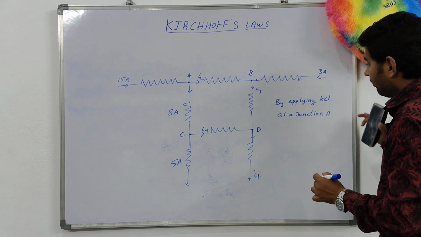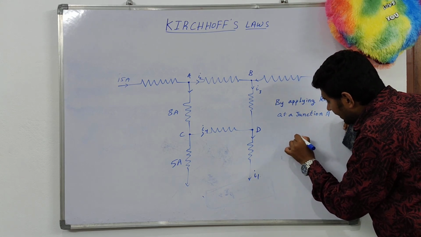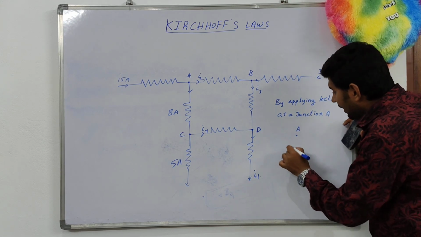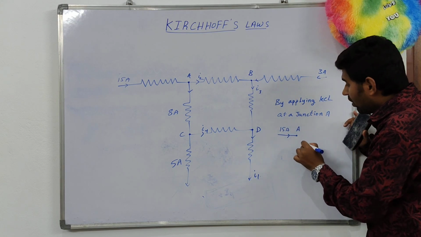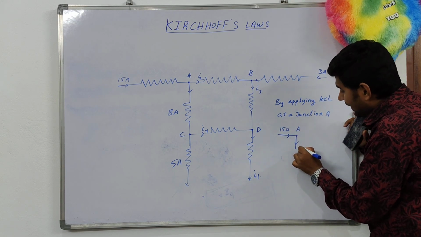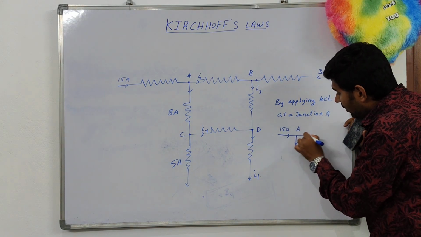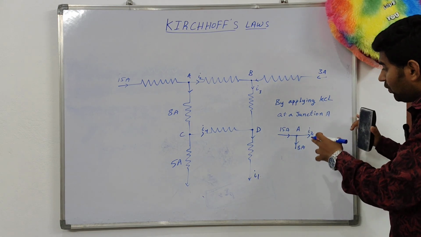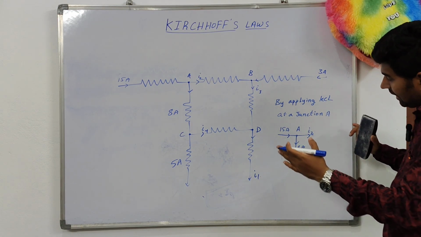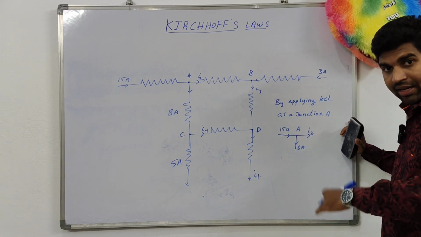If you observe, this is A. What are the incoming currents here? 15 amperes. What are the outgoing currents here? 8 amperes. Here, what is the outgoing current? I2. By applying KCL, we already know that the sum of the incoming currents is equal to the sum of the outgoing currents.